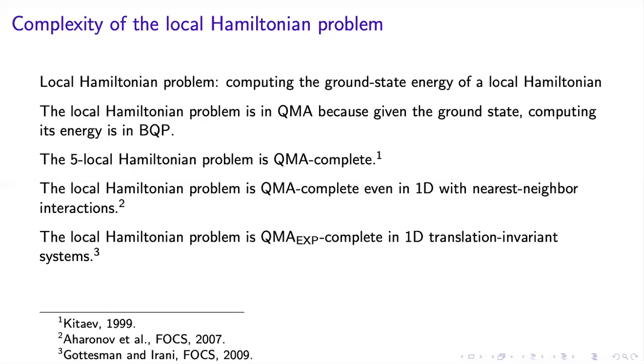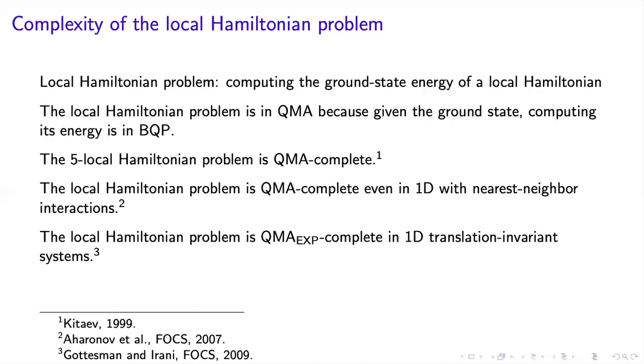This is relatively trivial because we first rephrase this problem as a yes or no problem, as a decision problem, so that we have a particular real number, a threshold, and we ask whether the energy is below or above the threshold. It is in QMA because we could give the quantum state to the verifier, and the verifier can just compute the energy. And this process is in BQP, so the local Hamiltonian problem is in QMA.